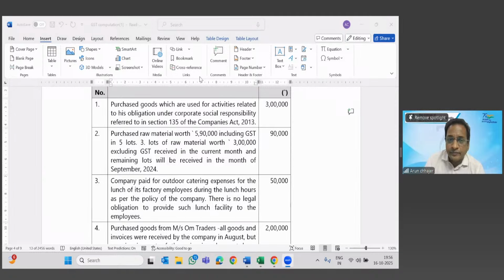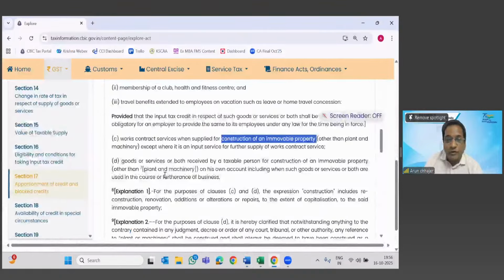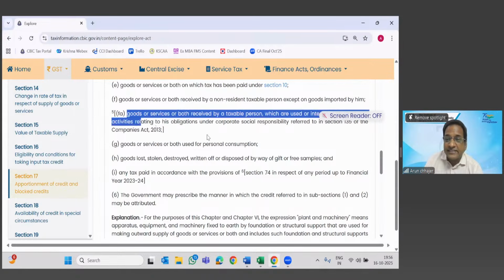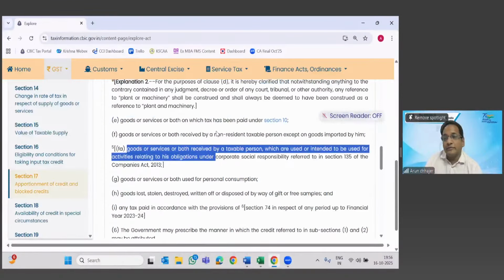Amit, Dinanath, Harsh, P. Mujahid, you are not giving the answer. My request would be please participate. In this case, would ITC be allowed? No, ITC would not be allowed because the government has inserted it in section 17 subsection 5 only.